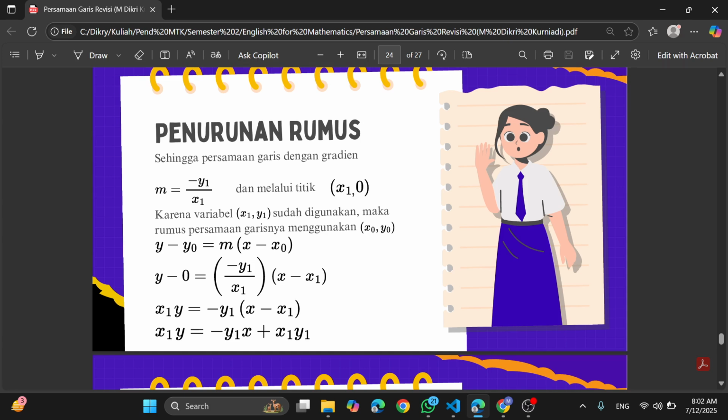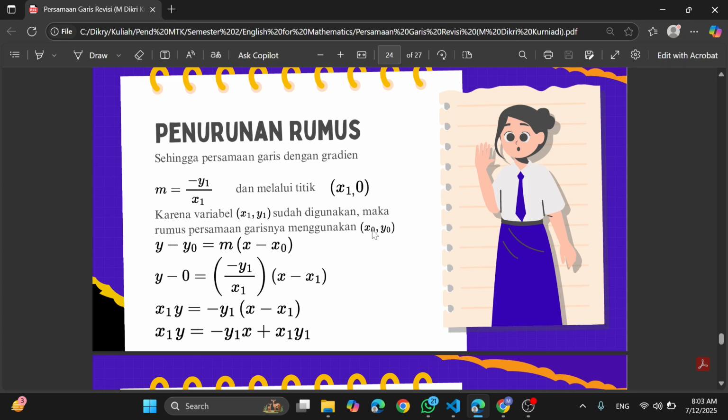Therefore, the equation with gradient m equal negative y1 over x1 and passing through x1, 0: since the variables x1, y1 have already been used, the formula of the linear equation will use x0, y0 as a point.